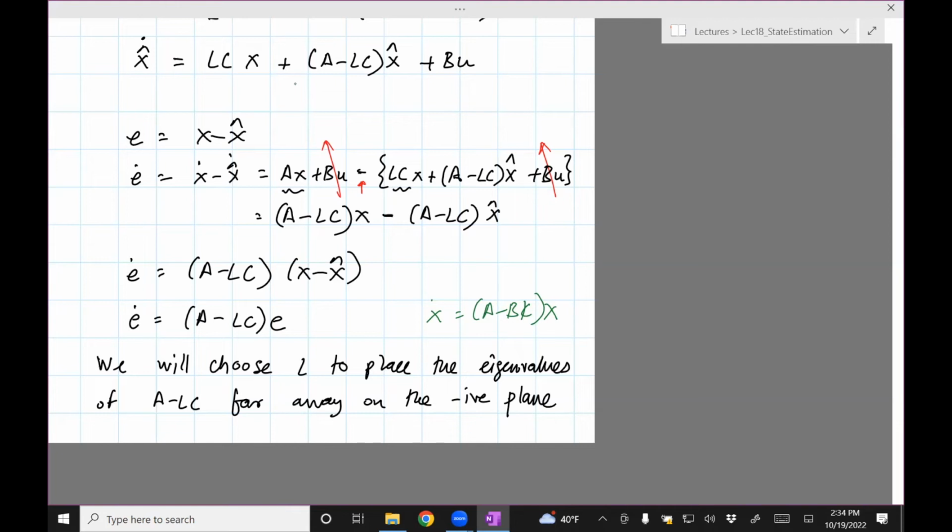So you're given measurements of some states. Can you estimate other states? You can, only if the system is observable.